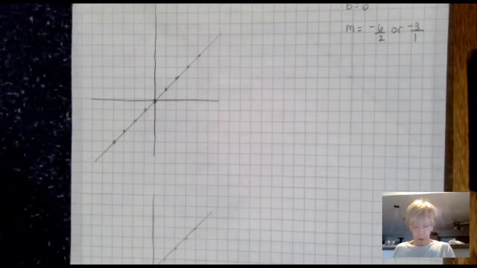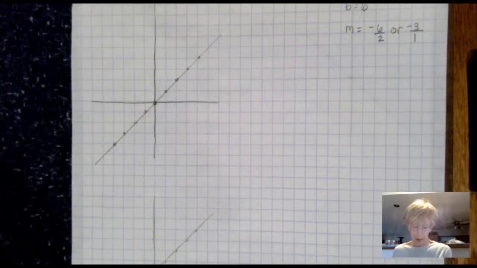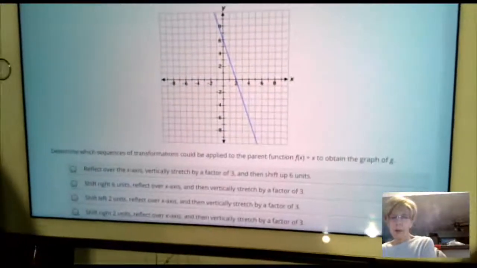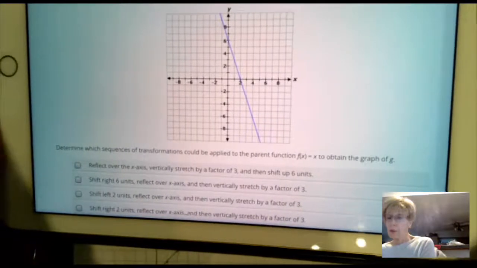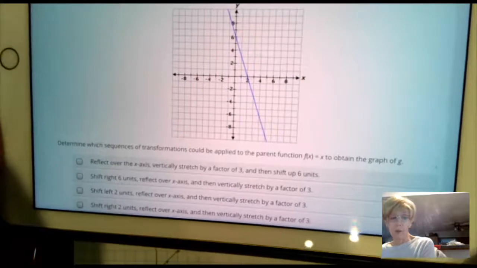But the first choice here says that we want to reflect over the x-axis. I can show it to you still. Reflect over the x-axis, vertically stretch by a factor of 3, and then shift up 6 units.